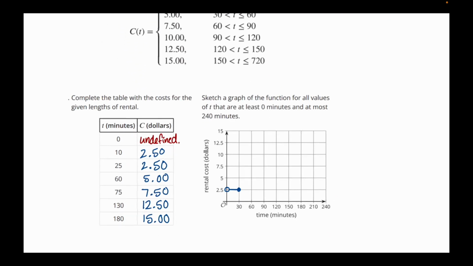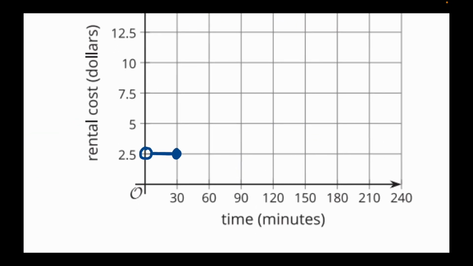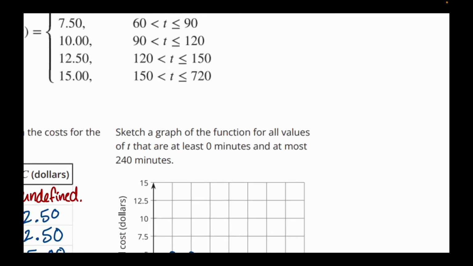Okay, the next step here goes from 30 to 60, and that is at $5. So we need to put an open circle here, right? Because this is our $5 price point. Open circle. And then we're going to take this over to the 60 minutes, which is the upper end cap here. Put a line in between. Let's find the endpoints of our next one.